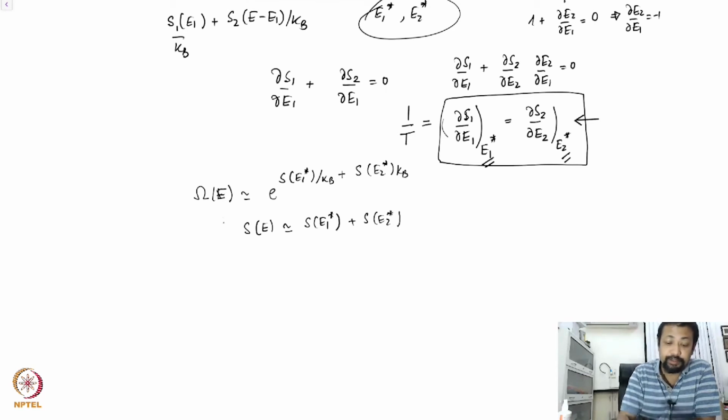You can arrive at this expression if you just take a log of this equation.